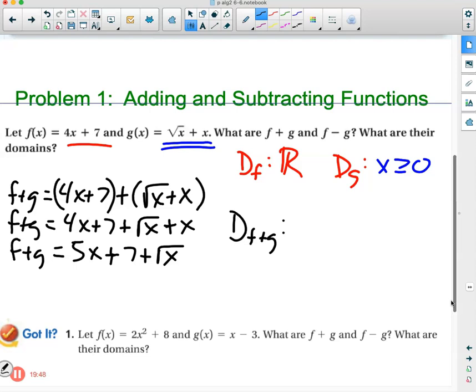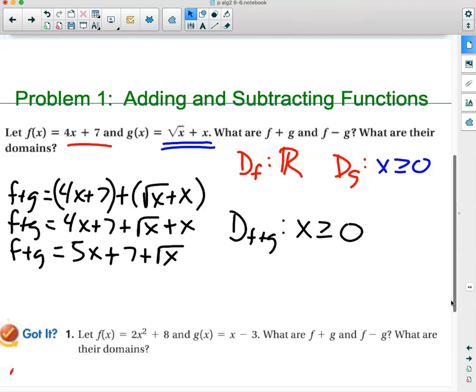It said cutoffs at 0. So to be in both sets, we have to use this as our domain restriction. x has to be greater than or equal to 0. And you can see why, because we still have this square root of x in here, you know? So we have to tell people, don't use the negatives. Not going to work.